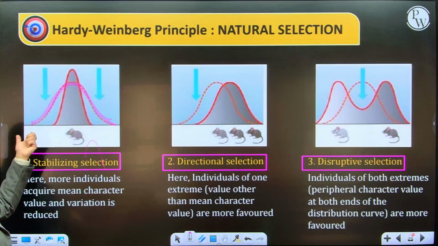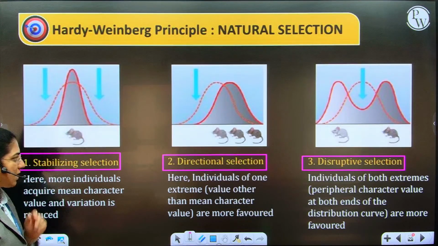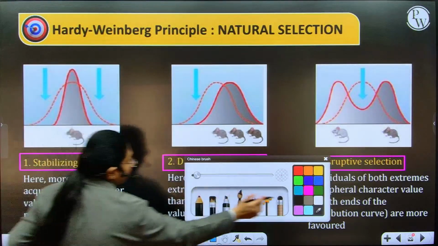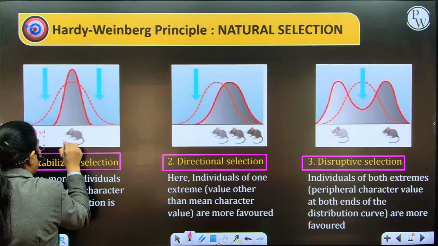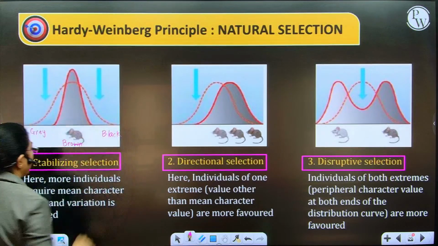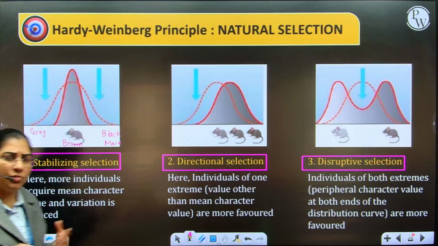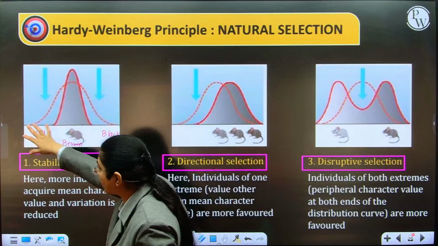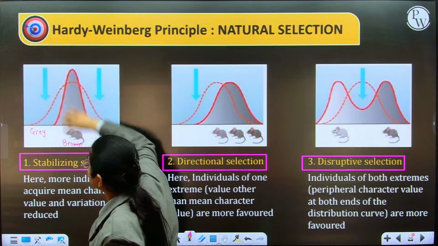Let us say we had grey mice, brown mice, and black mice. Now for reasons not known, whatever were the changes in the abiotic factors, the grey mice weren't naturally selected, the black weren't selected, but the mean or the average value was selected.